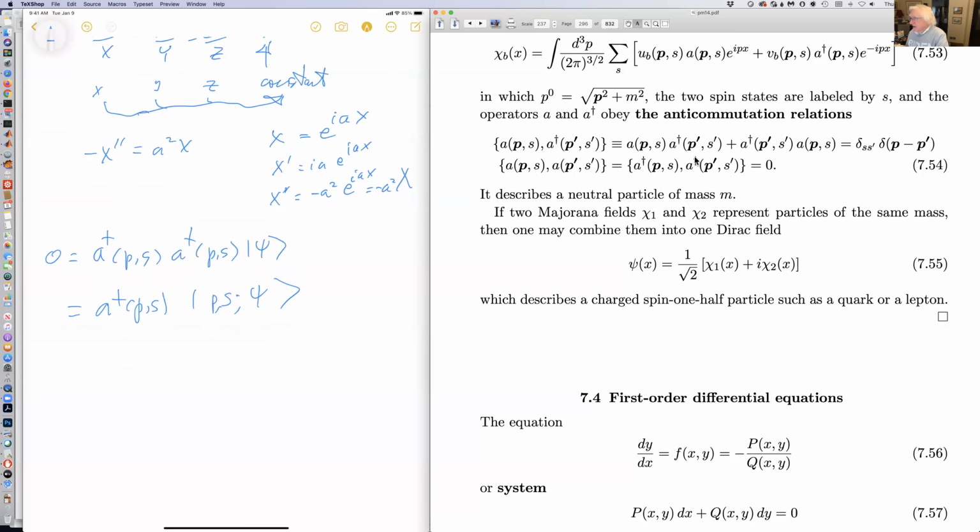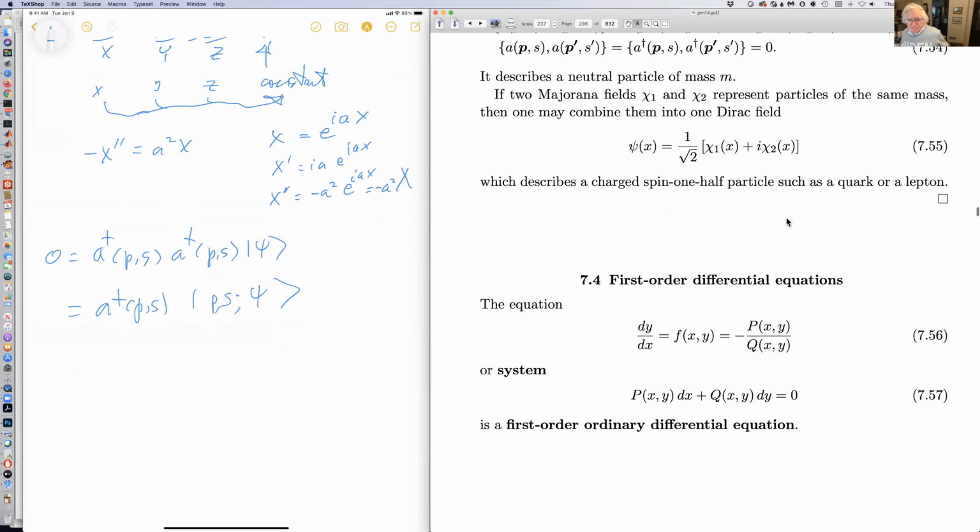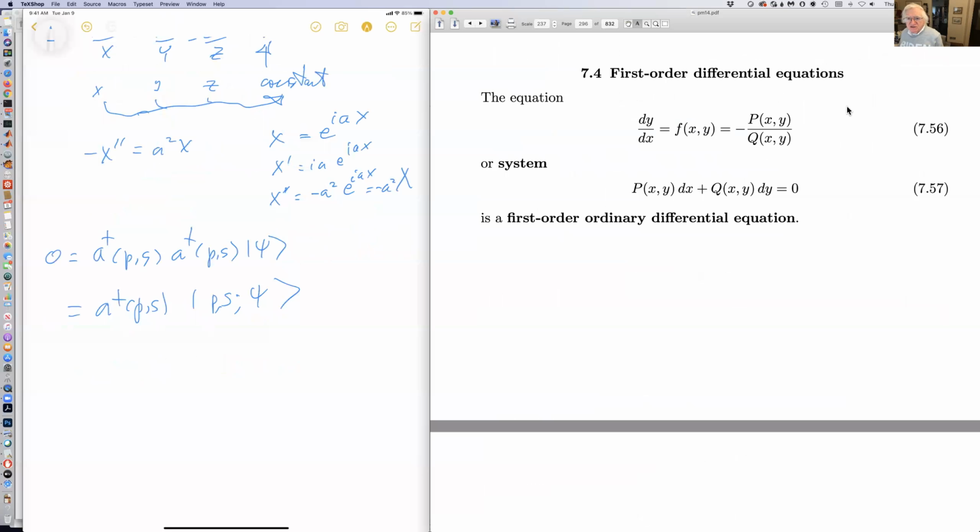So let's see. The next topic is first order differential equations. So now that's the thing about differential equations, which is kind of unappealing. Namely, I know of no overriding general principle that describes the whole field the way analyticity describes complex variable theory.